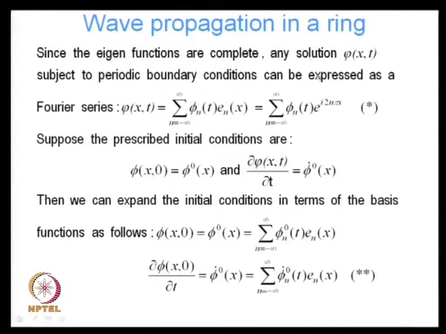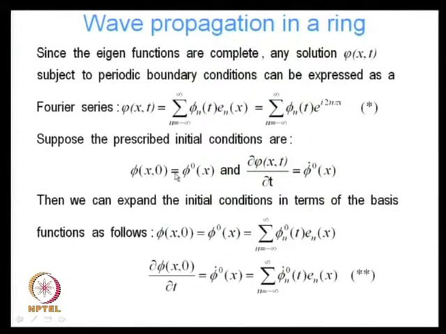Since the eigenfunctions are complete, any solution can be expanded as a Fourier series in the eigenfunctions with coefficients φ_n. You can evaluate the coefficients taking into account the initial conditions.